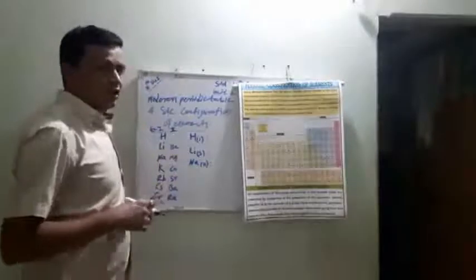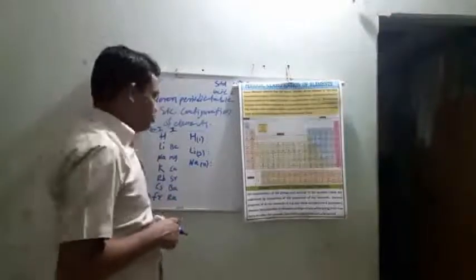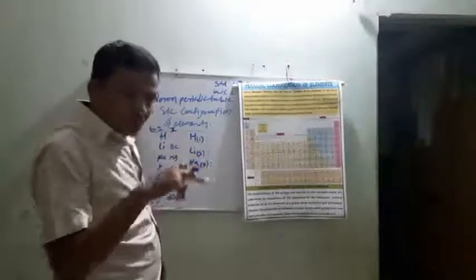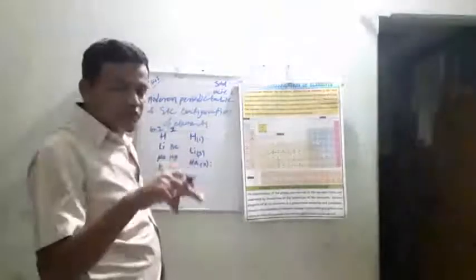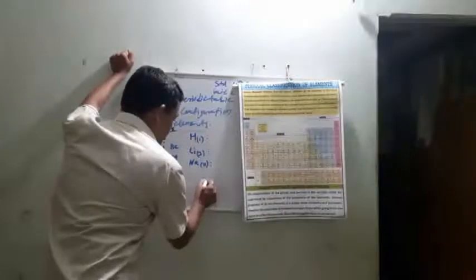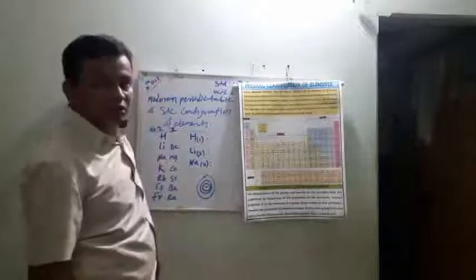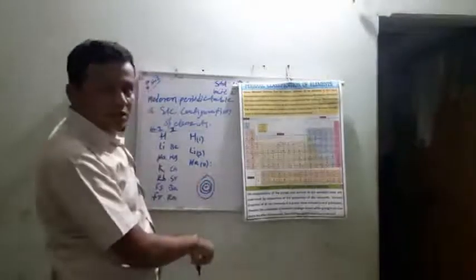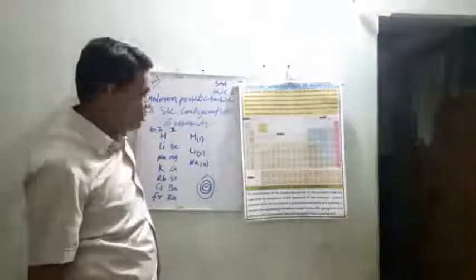So while writing the electronic configuration, you must know the capacity of the shells which are present around the nucleus of elements. See, nucleus. Electrons are moving in the shells surrounding this nucleus, and in those shells there are electrons revolving around the nucleus.